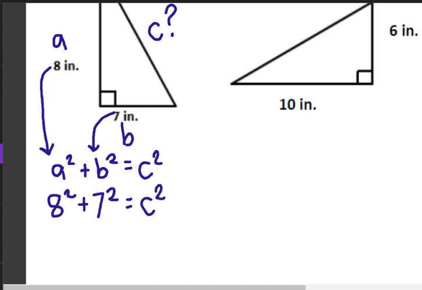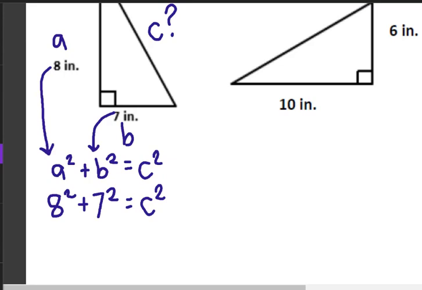Right? So then we use our calculator. So pick it up. We know that 8 squared is 8 times 8. There's actually a squared button on your calculator. I believe it's next to the 7. To the left of it, it says x squared.